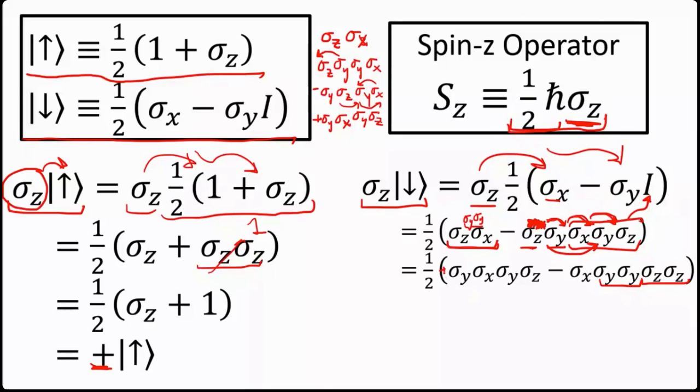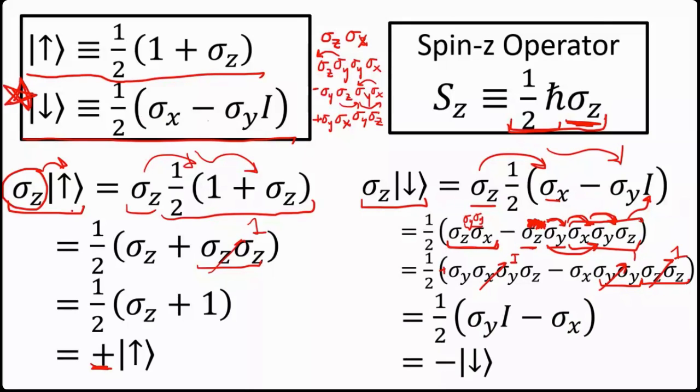So this gets a plus sign. It's a lot of swapping, but it works out. This goes to 1, that goes to 1, and this becomes an i x y z. So I get this, but that is just the negative of my down state. So when I act on the down state with sigma z, I get a minus sign, which is what you would expect for the spin z operator.